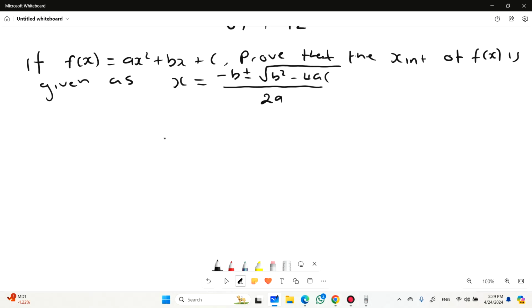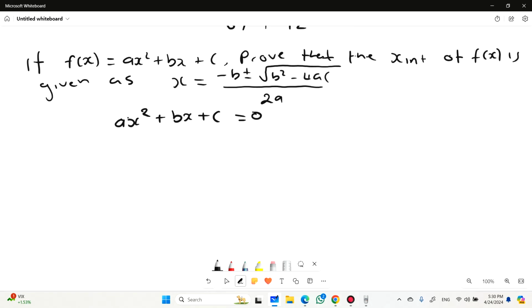So let us see. I'll have here ax squared plus bx plus c. Now to find your x-intercept, we let f(x) equal to 0, or rather let y equal to 0, so I have that equal to 0.